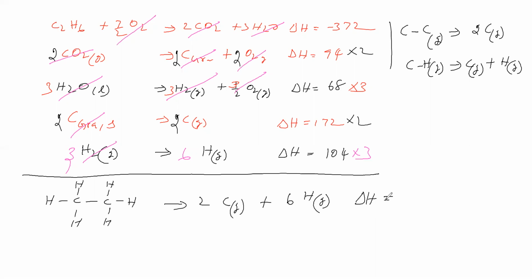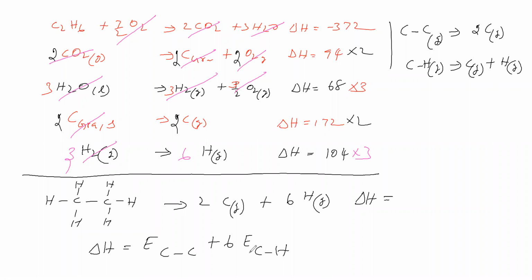Delta H of this equation is equal to the bond energy of the C-C single bond plus the bond energy of the C-H single bonds. Delta H we know; the bond energy of C-C single bond and of C-H single bond we have to find. So we brought delta H in terms of the bond energy of the C-C single bond and C-H single bond.